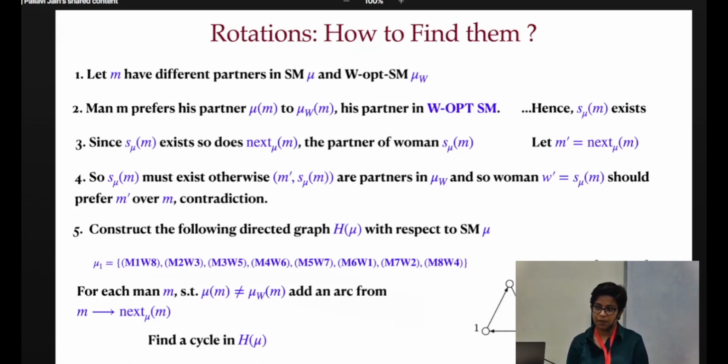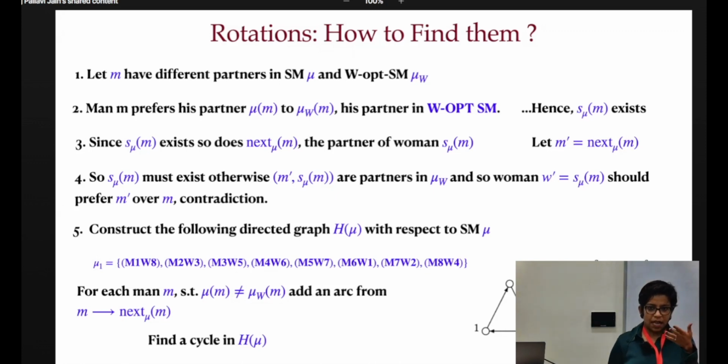Number of possible stable matchings? Why n by 2? Okay, in one given matching there can be at most n by 2 rotations. We agree, right?